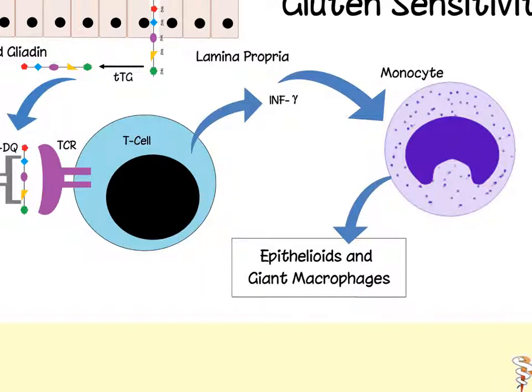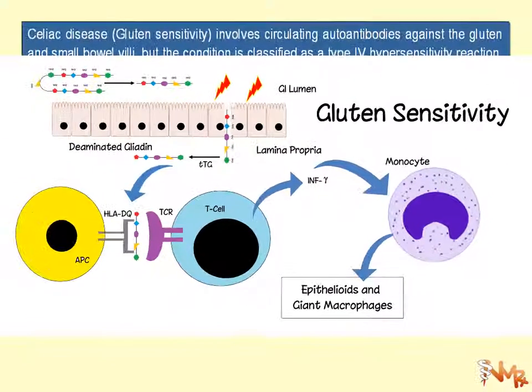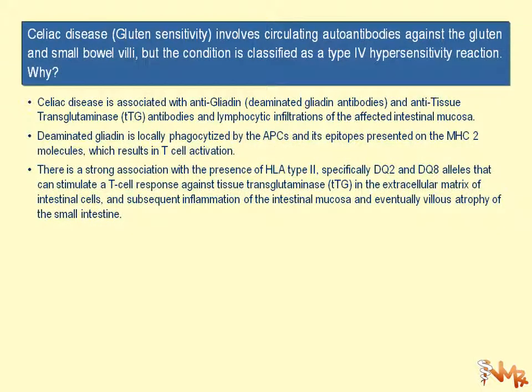There is a strong association with the presence of HLA type 2, more specifically DQ2 and DQ8 alleles that can stimulate a T-cell response against tissue transglutaminase, TTG, in the extracellular matrix of intestinal cells and subsequent inflammation of the intestinal mucosa and eventually villus atrophy of the small intestine.